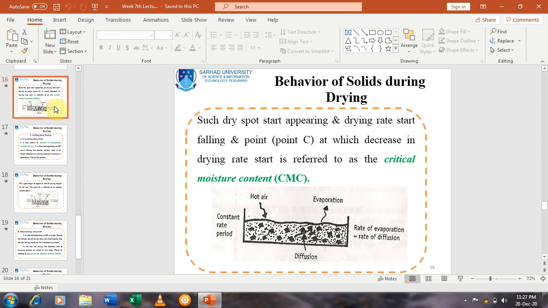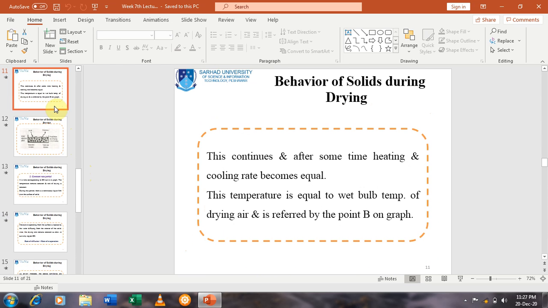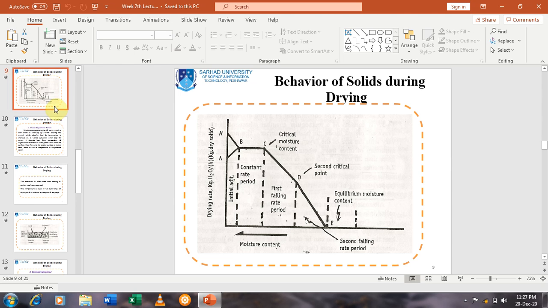And at point E, you can see in the graph that this is the equilibrium moisture content, and the drying rate is represented on the y-axis. The graphical representation shows that at point E, the drying rate becomes equal to 0.